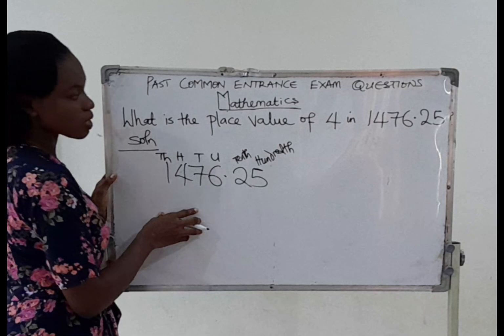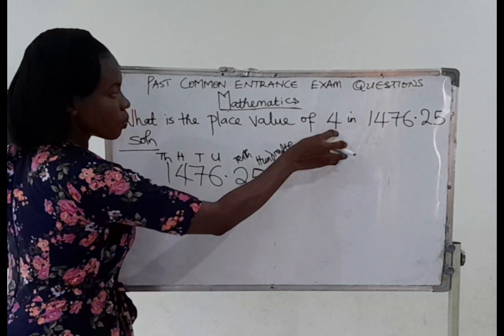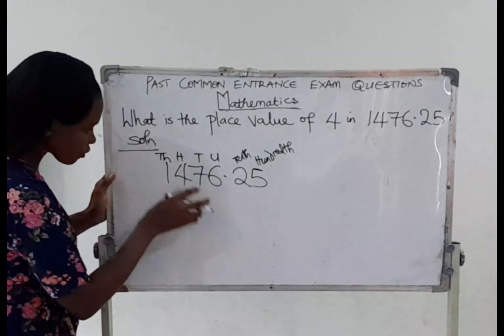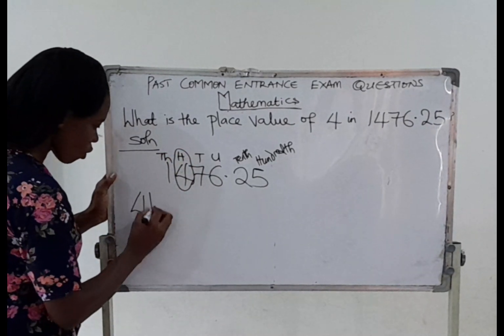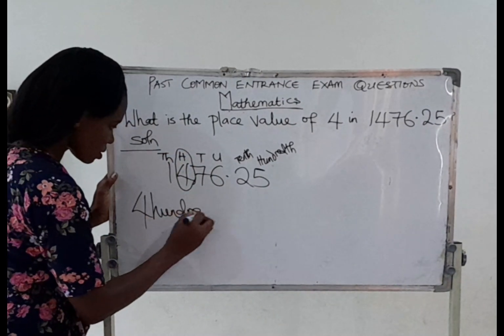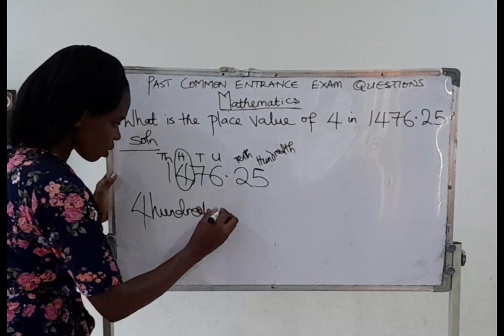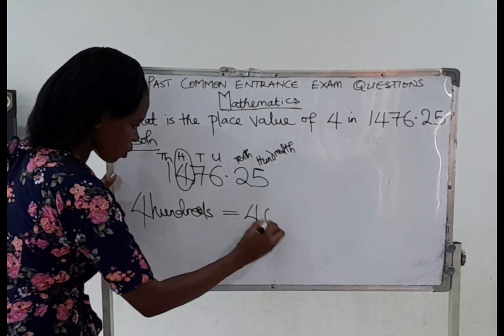So what digit are we asked? 4. So let's find 4. Where is 4? See 4 here. 4 stands for 4 hundredths. Or you can write it like this, 4 over 100.